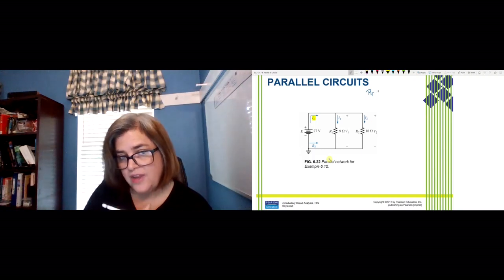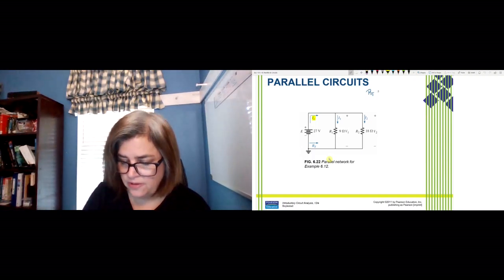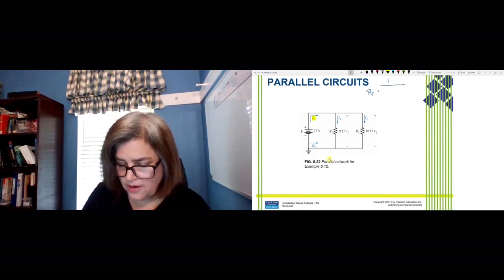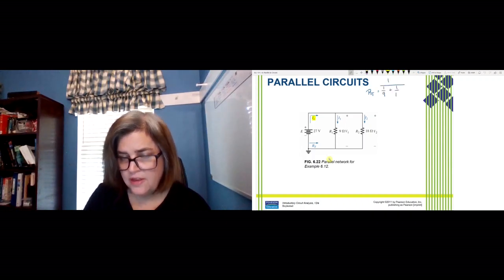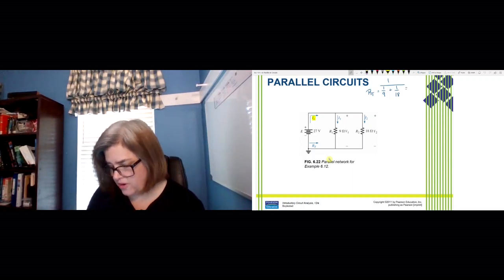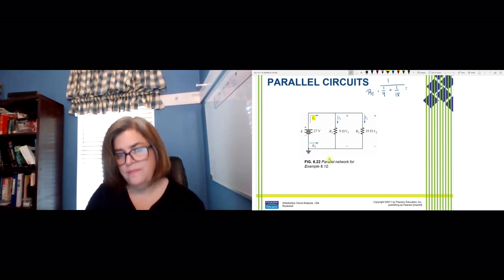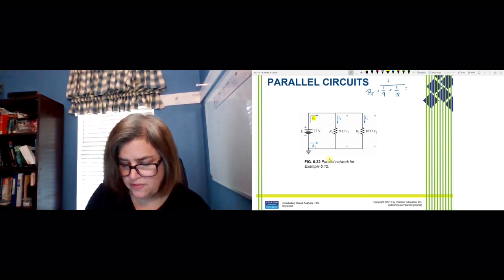Okay, so we've got a 9 ohm resistor and an 18 ohm resistor in parallel. So I'm going to calculate 1 over 9 plus 1 over 18, and then I'm going to invert that at the end. You could also do product over the sums here. We just have 2 resistors in parallel, so you could do product over the sums. And that gives us 6 ohms of total resistance.